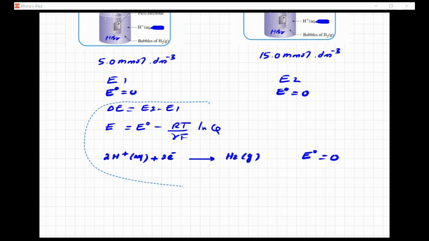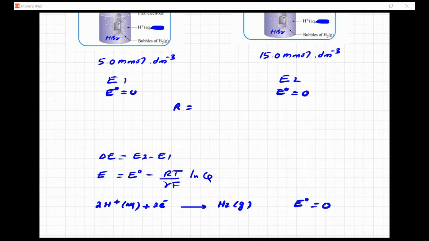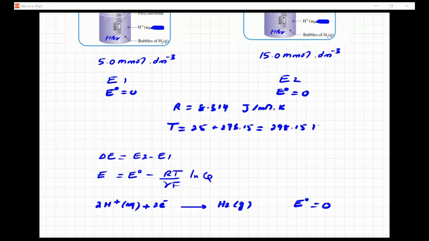Now let's see. Of course, you have to know R is going to be 8.314 joule per mole Kelvin. The T is equal to 25 plus 273.15, which is 298.15 Kelvin.